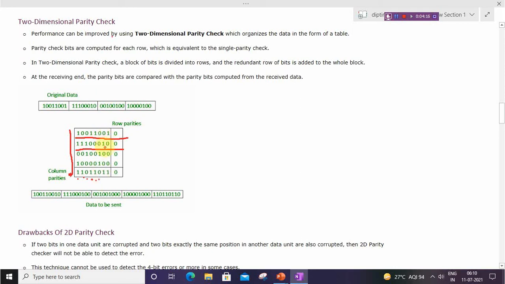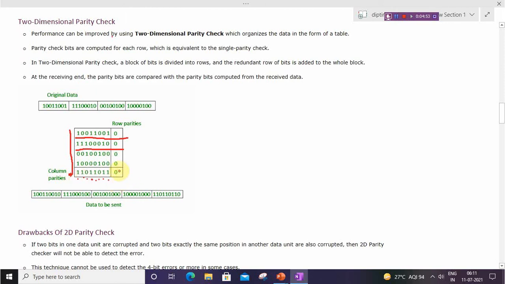For the seventh there is only a single 1, so the parity bit will again be 1. For an odd number of 1s we write the parity bit 1; for an even number of 1s the parity bit will be 0. For the last column there is a single 1, so the parity bit will be 1. And for the parity bits of the row parity column, all are 0, so there is no 1 and the parity bit will be 0. So this is the column parity.